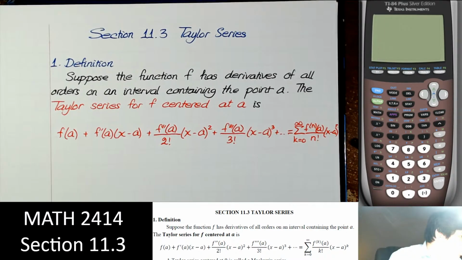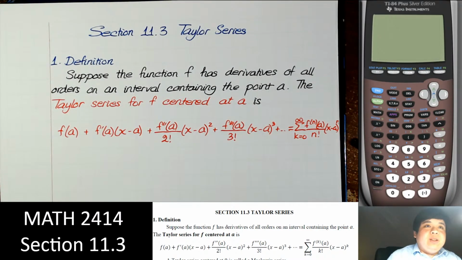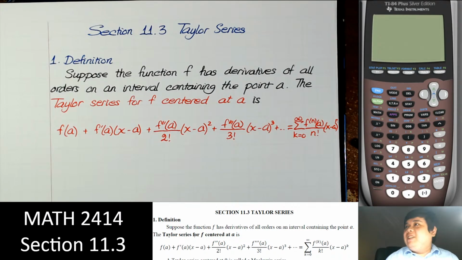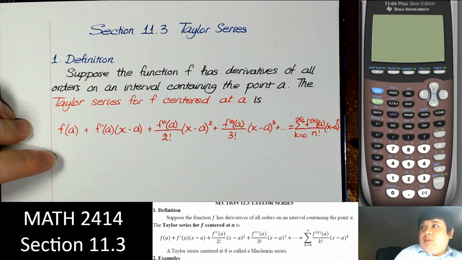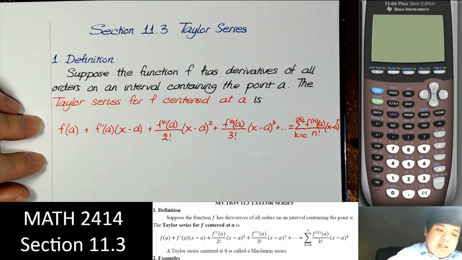I should still be able to see all the formulas over there. Now when A equals 0, the series is called the Maclaurin series.